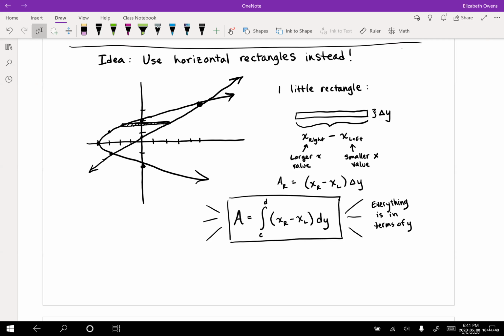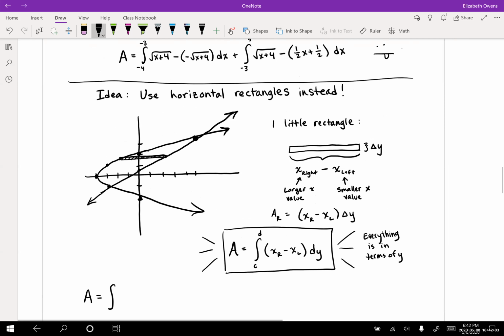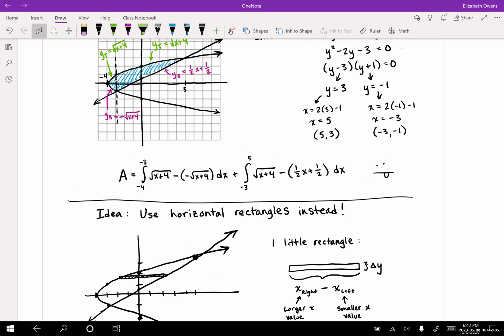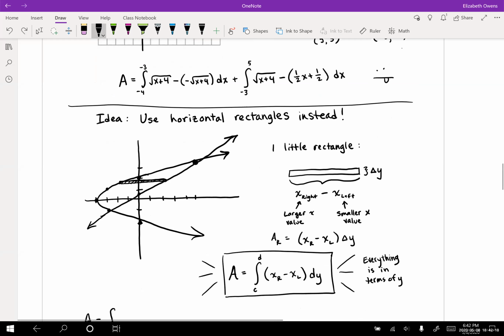Okay, so now our area integral is going to be from our lower y value limit to our upper y value limit. And so checking those intersection points again, notice that we had our y values for the intersections right here. So we're going to integrate from -1 to +3. Okay.